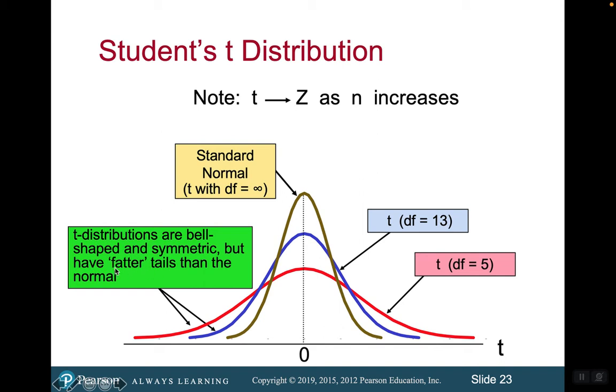As you can see, they're flatter, more spread out, more distributed, once again because we're dealing with more uncertainty. We don't have as much data to evaluate along with our sample. But they are valid as we do this.